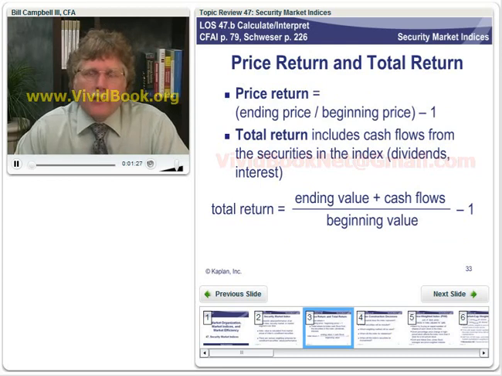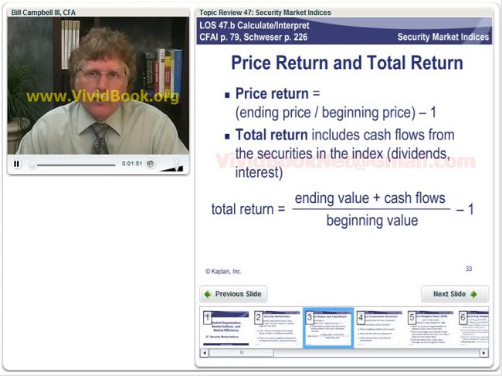Two ways that we can calculate the return for our portfolio. We can calculate just the price return, so the ending price divided by the beginning price minus 1. That would ignore any cash flows, that would ignore any dividends, that would ignore any coupon payments, and so on. Or we can calculate the total return, which would include those cash flows, include the dividends, include the interest.